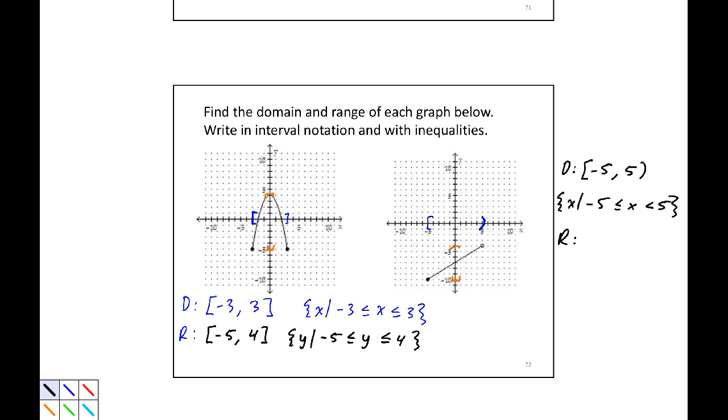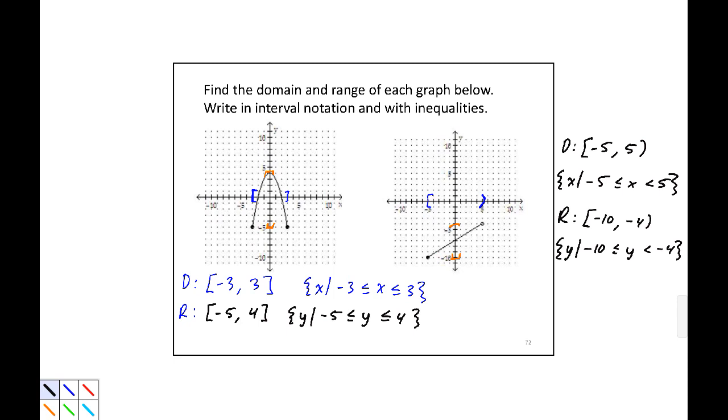So we would have bracket minus 10, comma minus 4, parenthesis. This would be y such that minus 10 is less than or equal to y, which is less than minus 4. And there we have the domain and range in interval and inequality form.